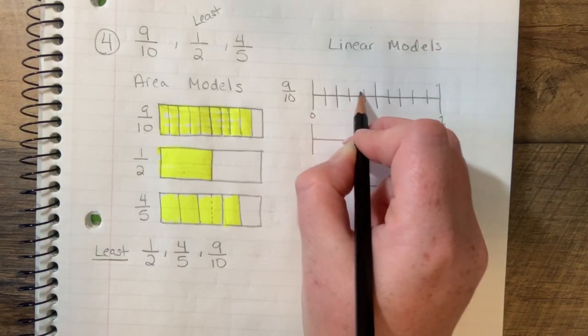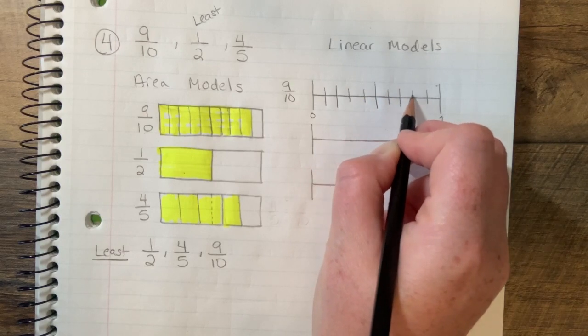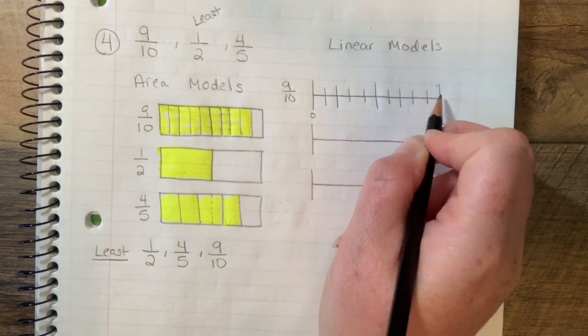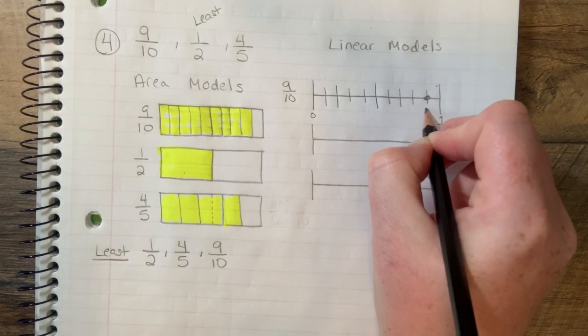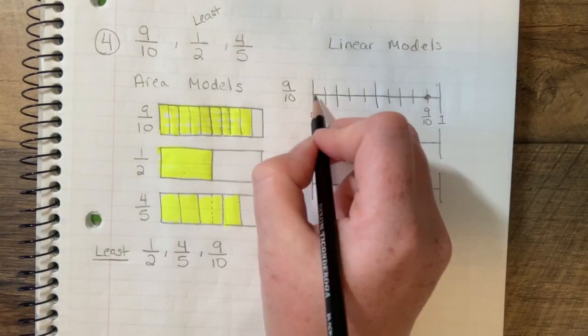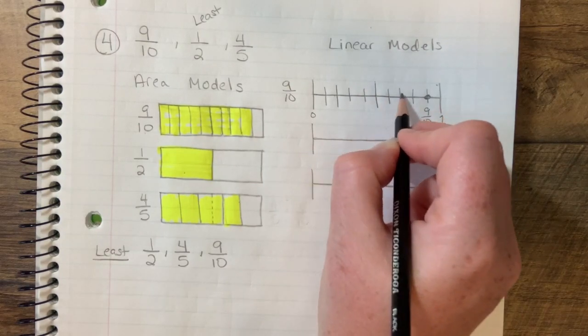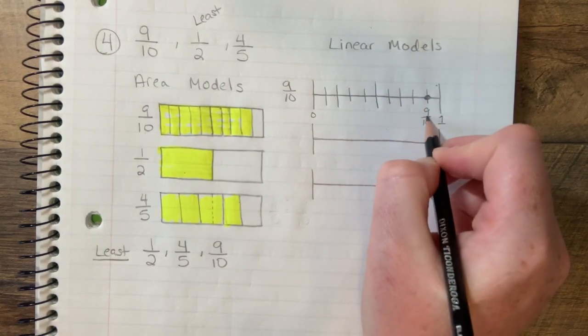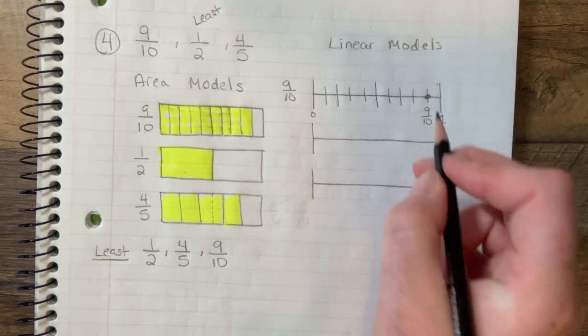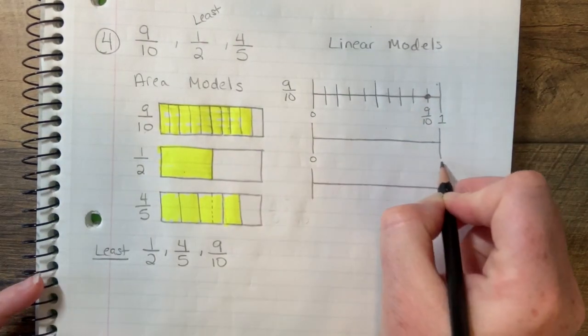One, 2, 3, 4, 5, 6, 7, 8, 9, 10 spaces. We need to find 9/10, which is here, because that is 1, 2, 3, 4, 5, 6, 7, 8, 9 out of the 10 spaces. So there's 9/10.